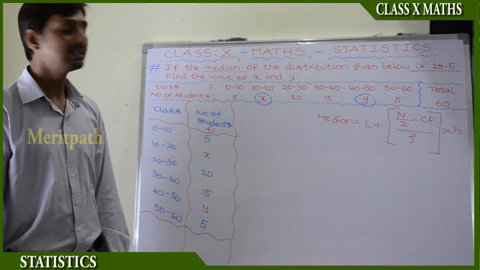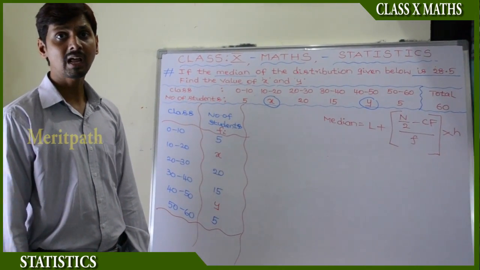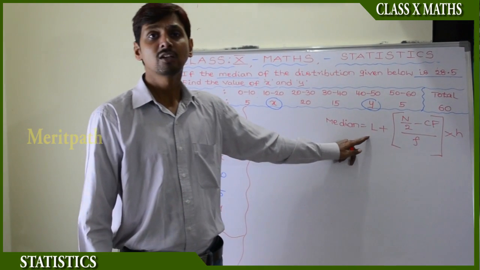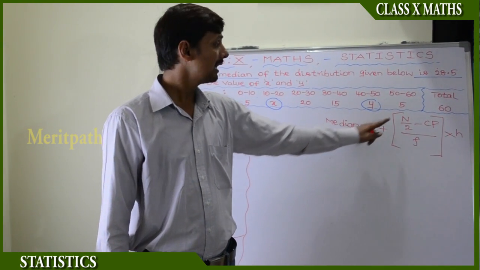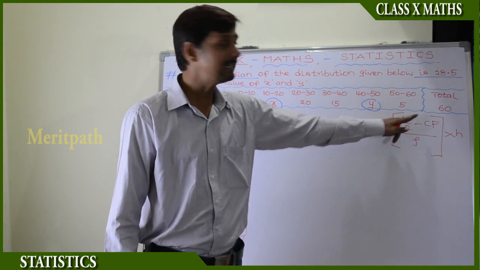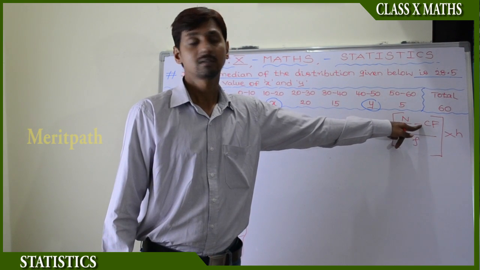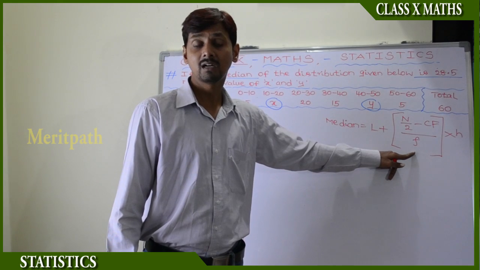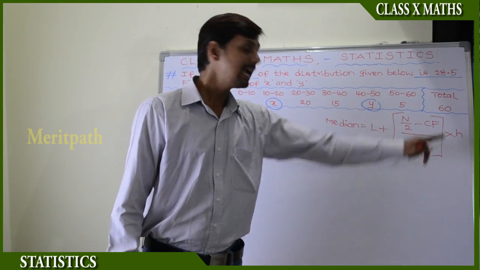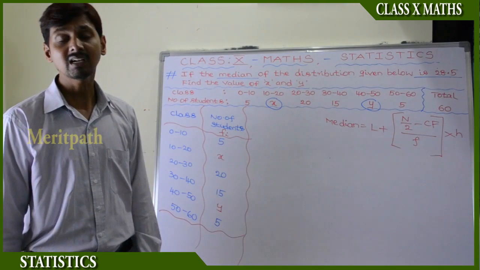Here L is the lower boundary of the median class, N is the sum of the frequencies, CF is the cumulative frequency, f is the frequency of the median class, and h is the length of the class interval.